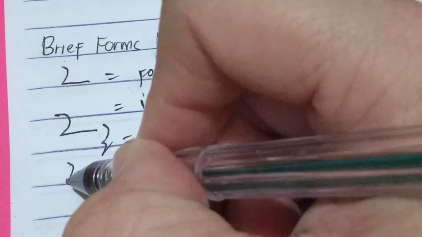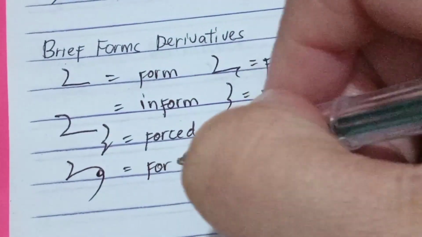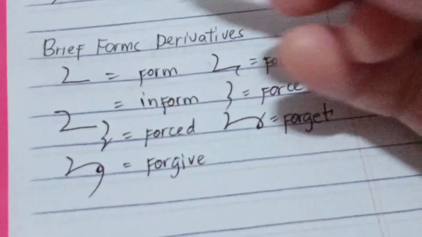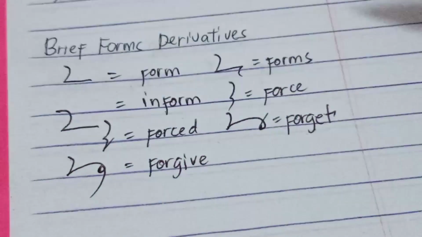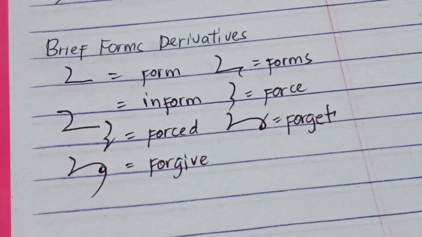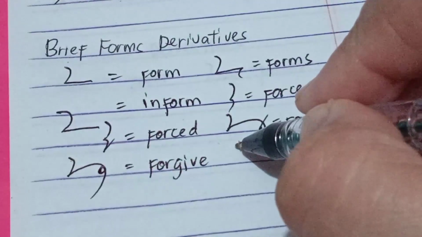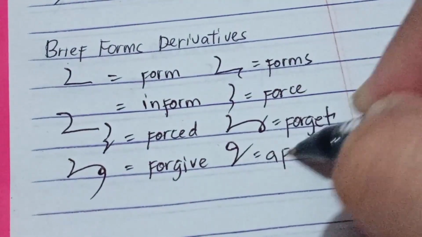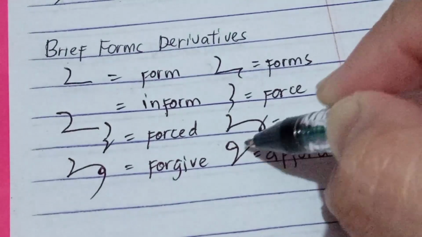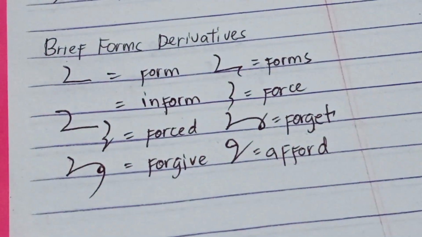Then, if I write for gay EV, already forgive. Asan po yung for? For, then this is the gay E, then V. Okay? Then, if I write A for D, so it's already afford. A, 4, and D, afford.